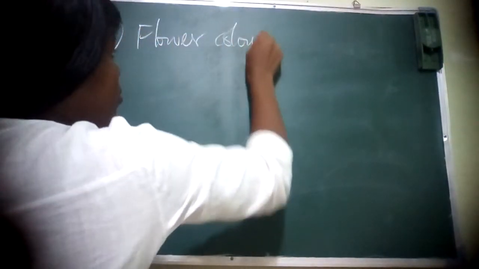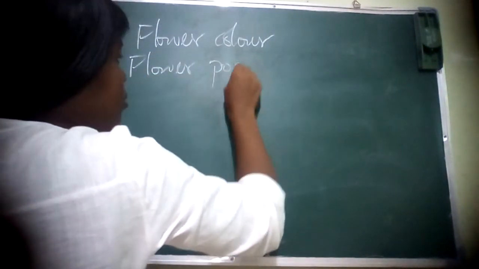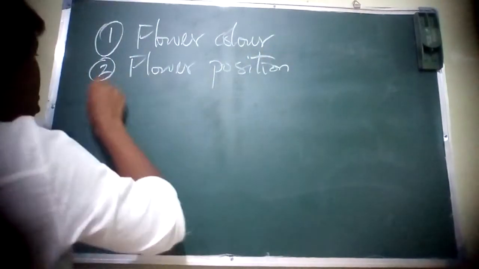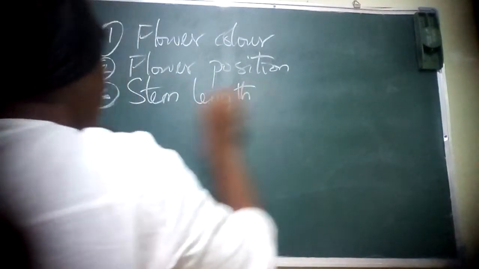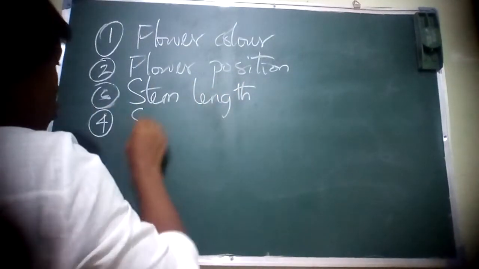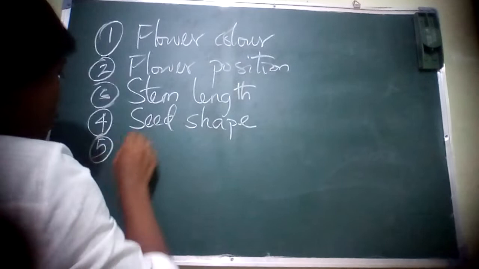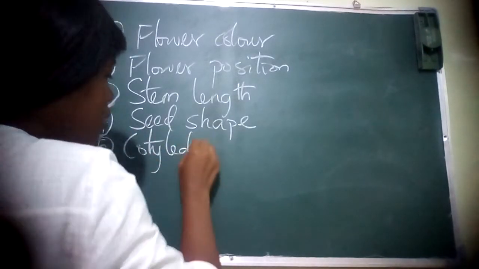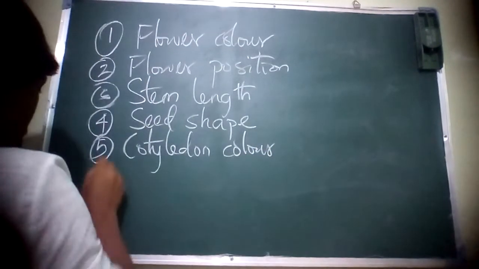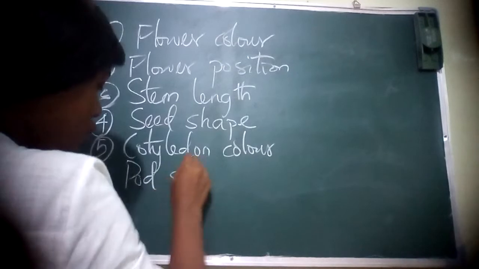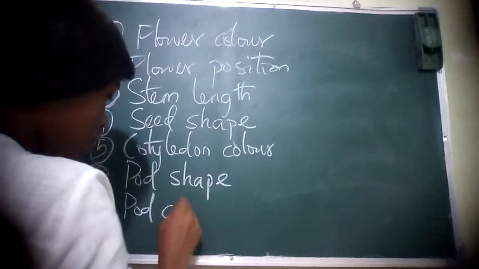Flower color, flower position, the stem length, seed shape, 5, cotyledon color, that is the seed leaves, 6, pod shape, and 7, pod color.